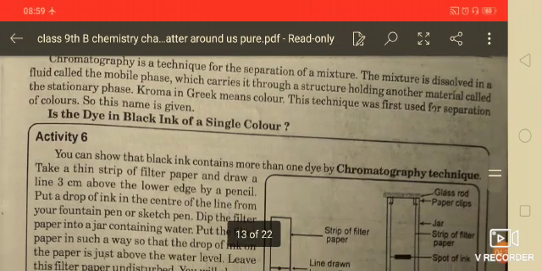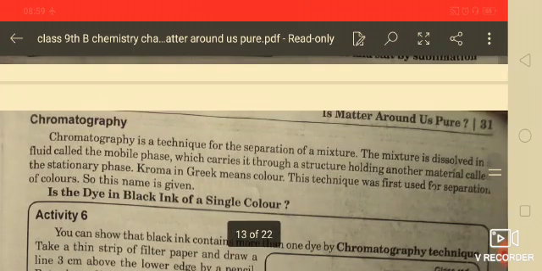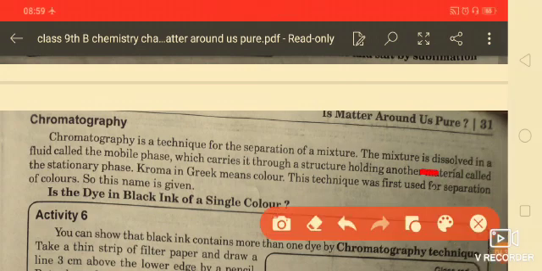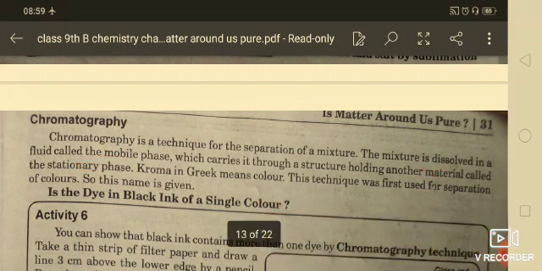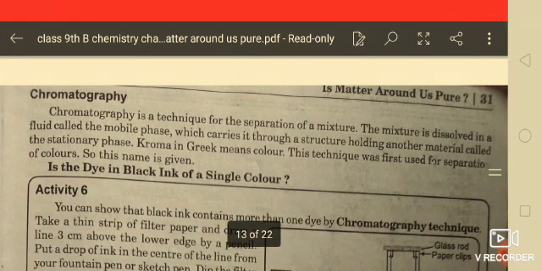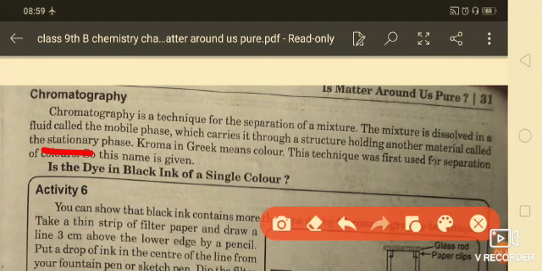So here next one is chromatography. Chromatography is a technique for the separation of a mixture. The mixture is dissolved in a fluid called the mobile phase, which carries it through a structure holding another material called the stationary phase. So one is the mobile phase and one is the stationary phase. Chroma is a Greek word, it means color.